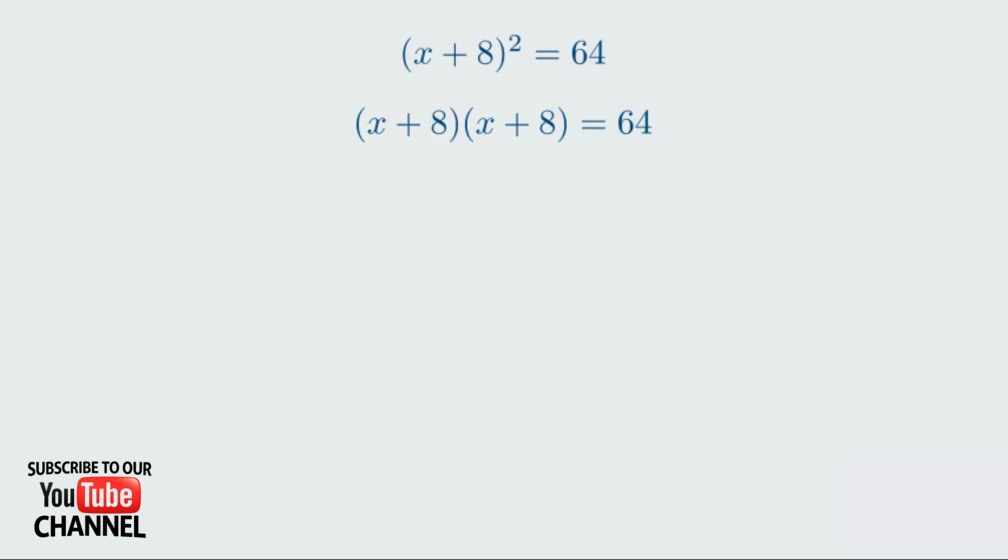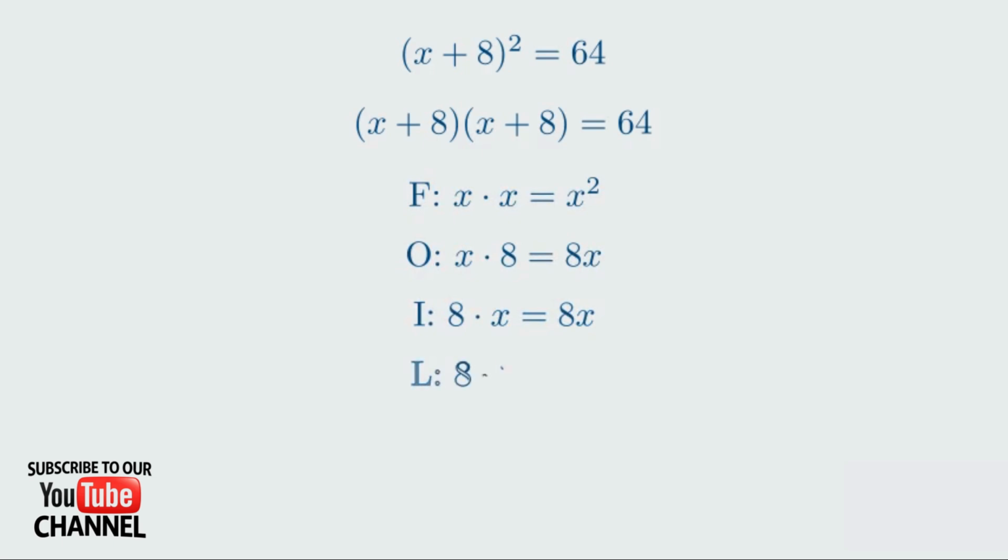Now we need to multiply these two binomials together. We can use the FOIL method, which stands for first, outer, inner, last. First, we multiply the first terms, x times x, which is x². Then the outer terms, x times 8, which is 8x. Next, the inner terms, 8 times x, which is also 8x. And finally, the last terms, 8 times 8, which is 64.